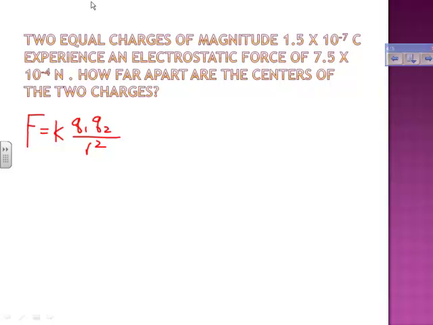In this case, the force, 7.5 times 10 to the negative 4th, equals 9 times 10 to the 9th times 1.5 times 10 to the negative 7th, two of these, so I can just call it squared, over r squared.